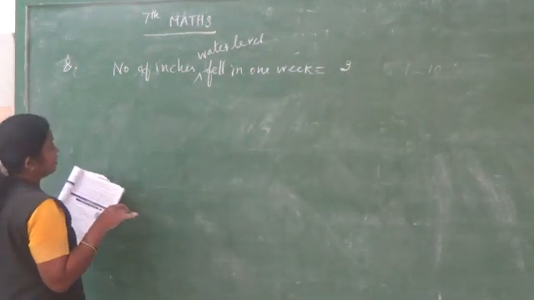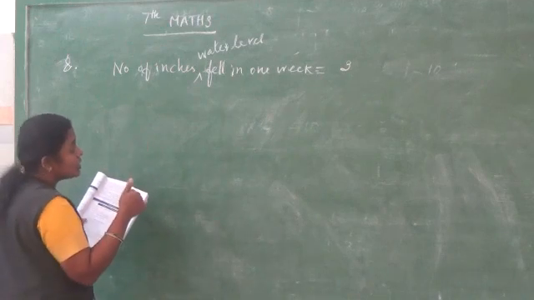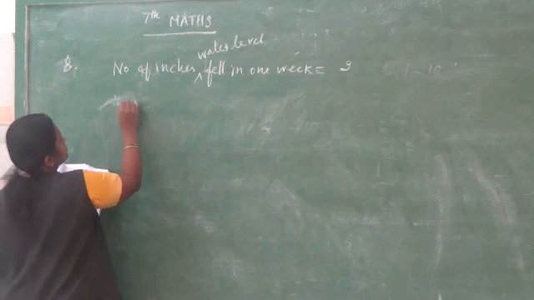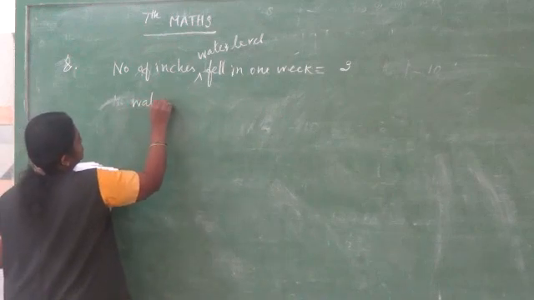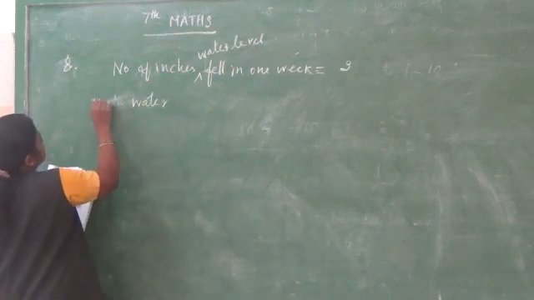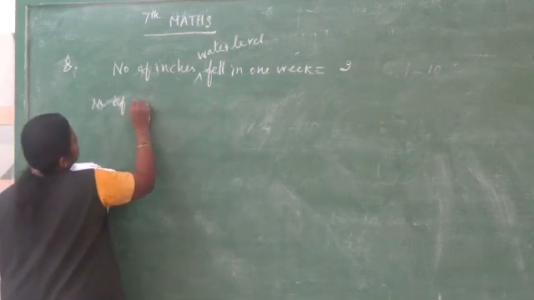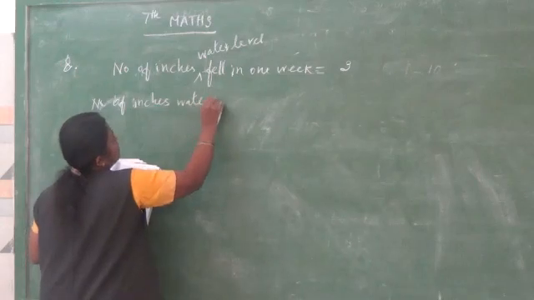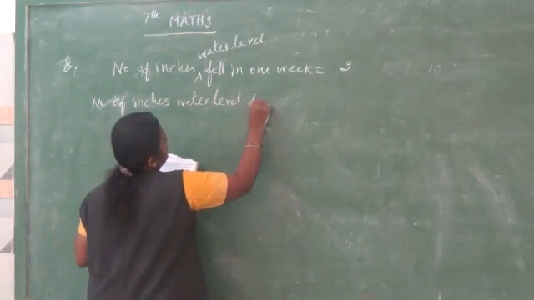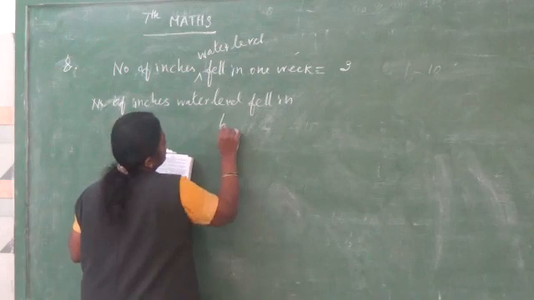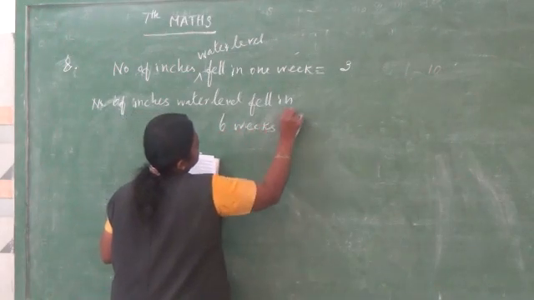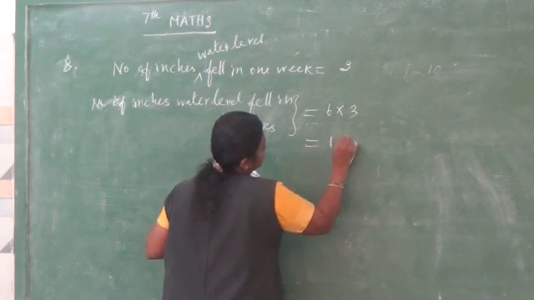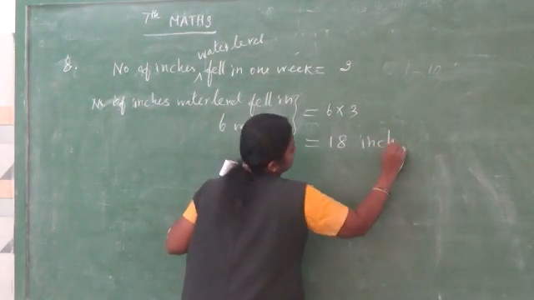But we should find out what is the water level fell in 6 weeks. So you should multiply. Number of inches water level fell in 6 weeks equal to 6 into 3 equal to totally 18 inches.